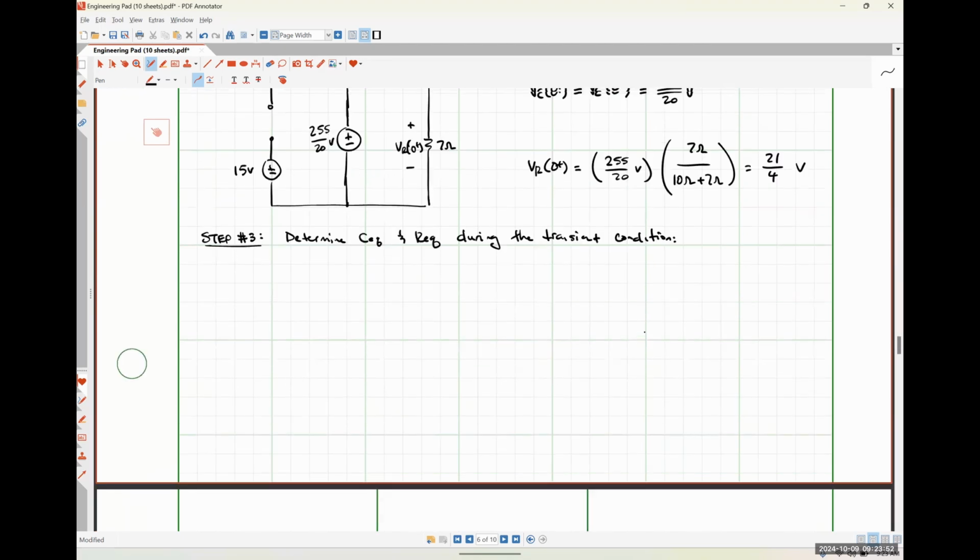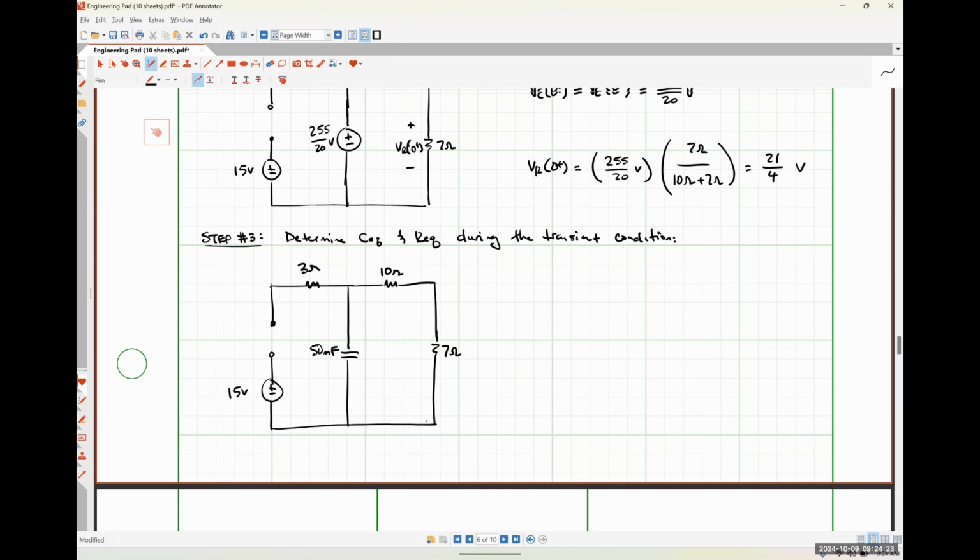So during the transient, our switch is opened. Here's our 15 volt source. Here's our capacitor of 50 millifarads. Oh, there was a 3 ohm resistor right here. 10 ohm resistor. 7 ohm resistor.